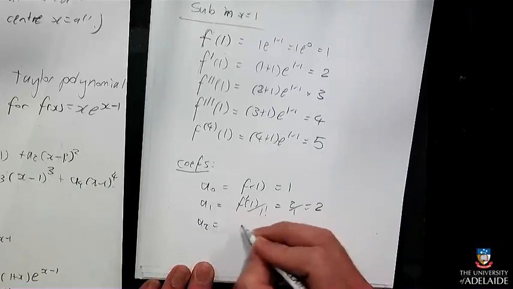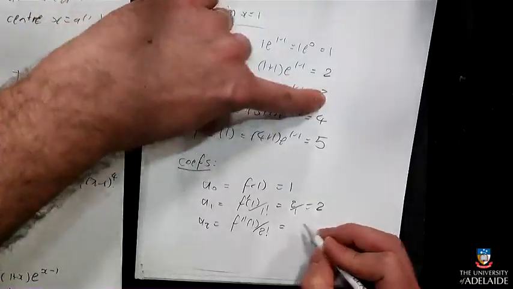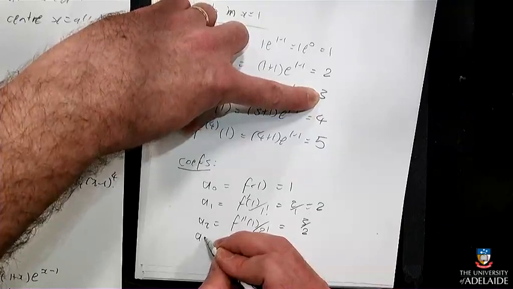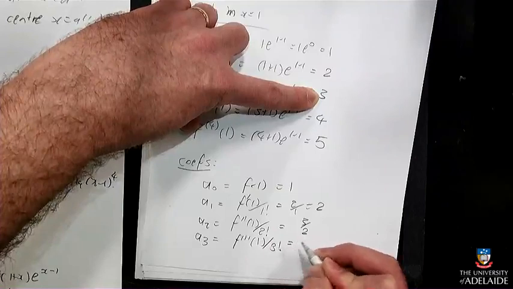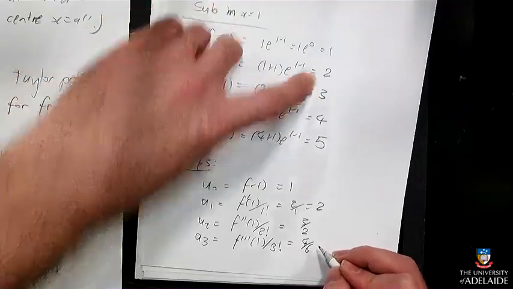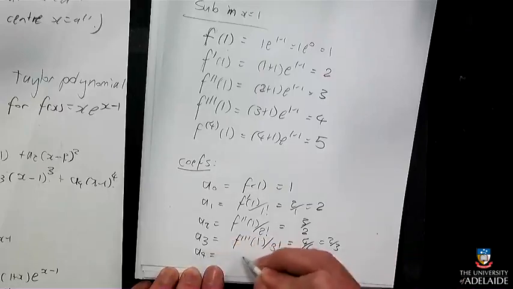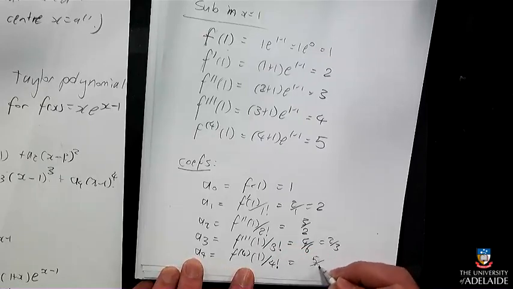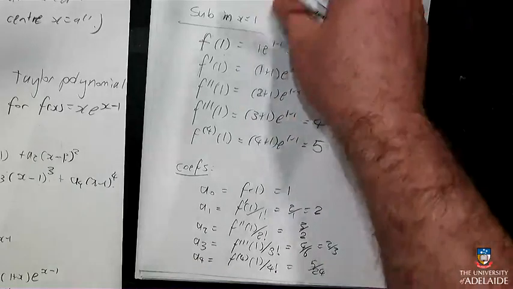The second one's going to be 3 over 2, and a3 is the third derivative divided by 3 factorial, which is 4 over 6, because 3 factorial is 6, which is 2/3. And the fourth coefficient will use the fourth derivative, which is 5 over 24, and that's not going to give you any simpler. So those are my coefficients.